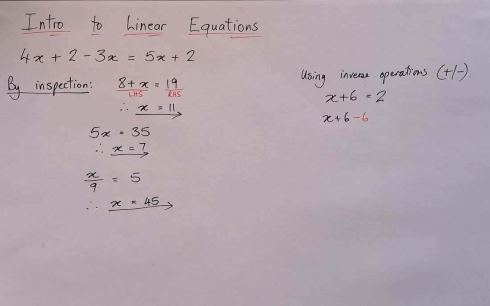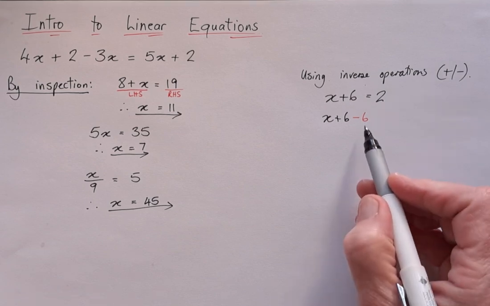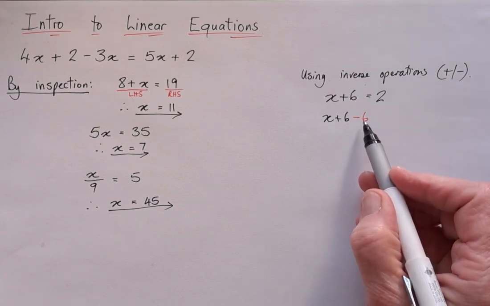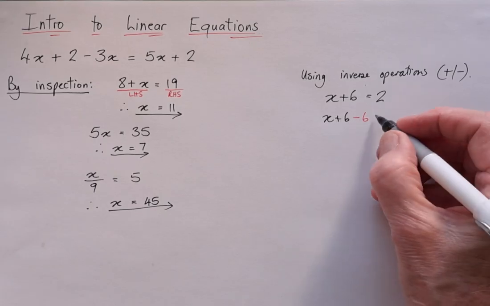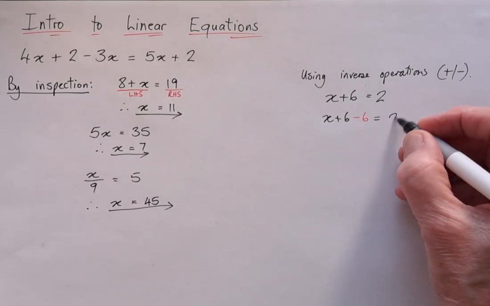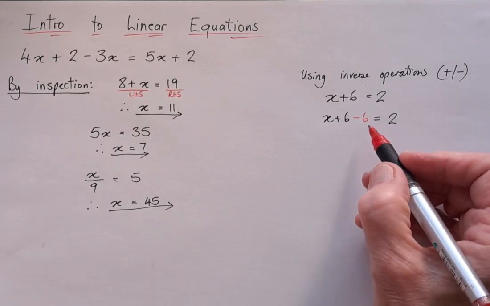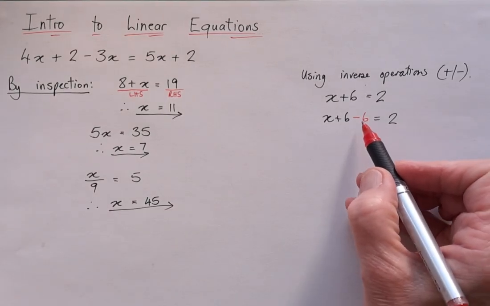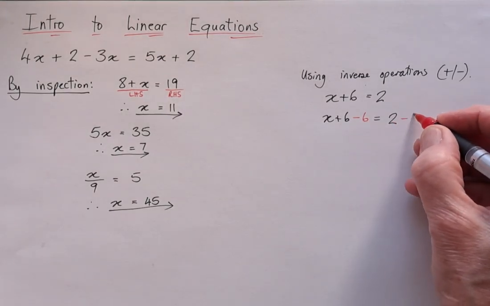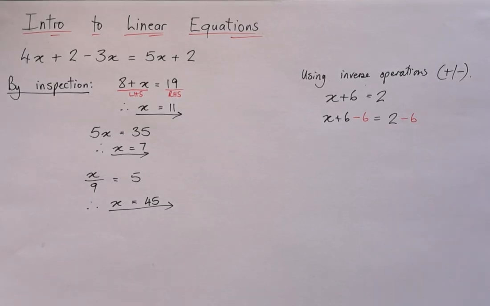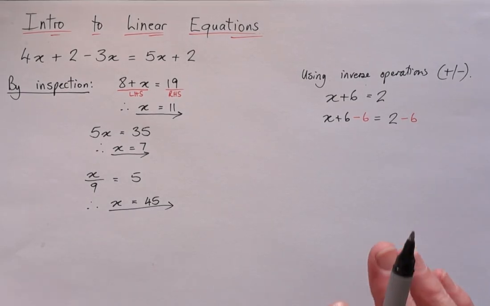And so I actually orchestrate what I want to do to that left-hand side to make sure that this constant number disappears. I then write down what I've got on the right-hand side already, and then maths is fair, so whatever you've done to the left-hand side, you have to do the same to the right-hand side. And I'm color-coding it at the moment to accentuate exactly what I'm doing.